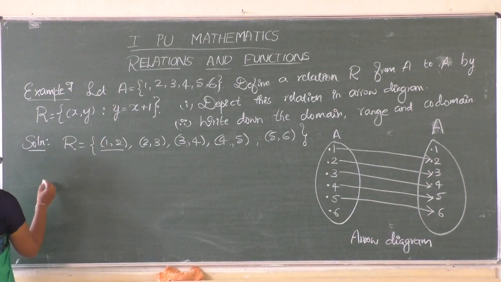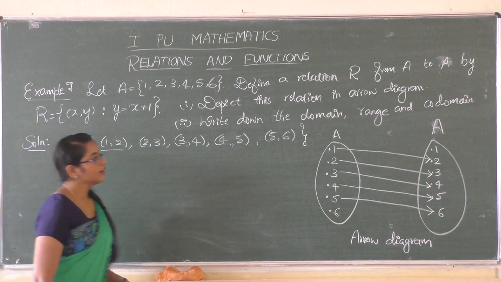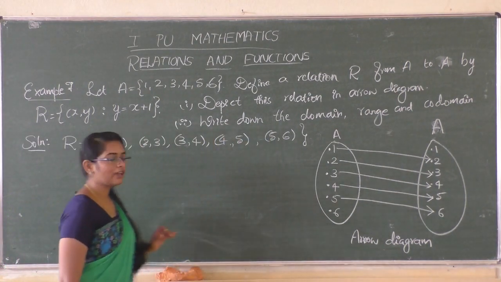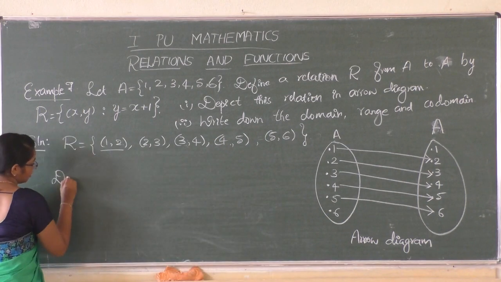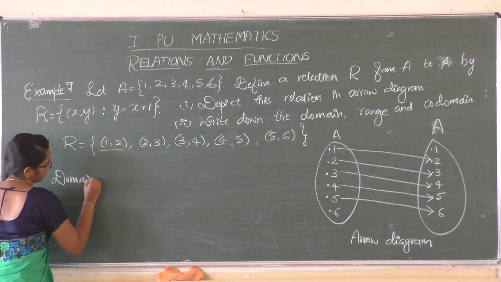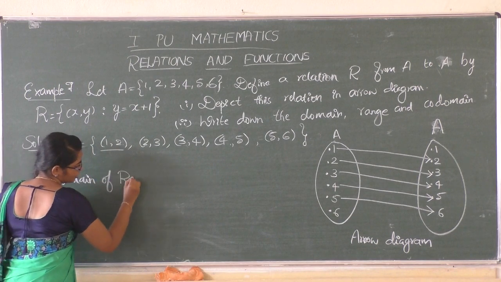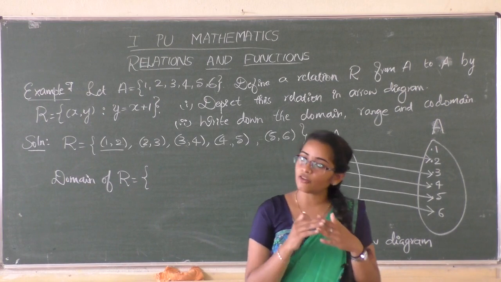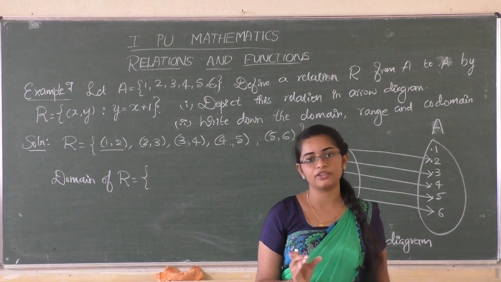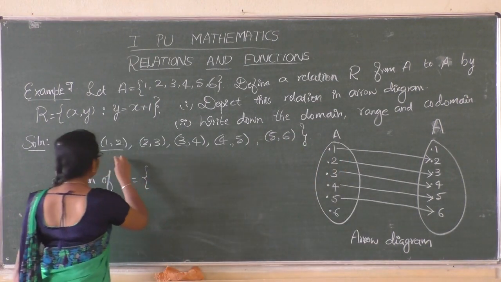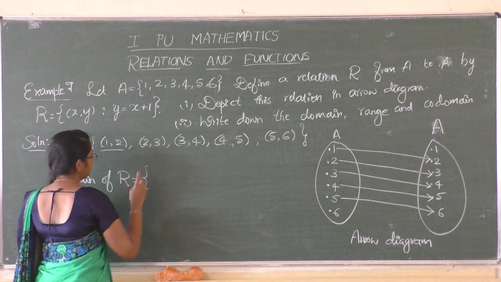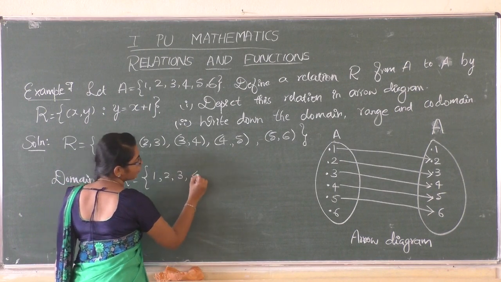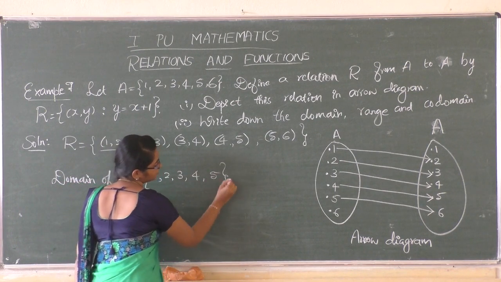Now the second question is, you need to find the domain, range and codomain of the relation. Okay, what is the domain? Domain of R, the relation R, by the definition, is the set of all first elements of the relation. Here there are ordered pairs, and their first elements are 1, 2, 3, 4, 5.